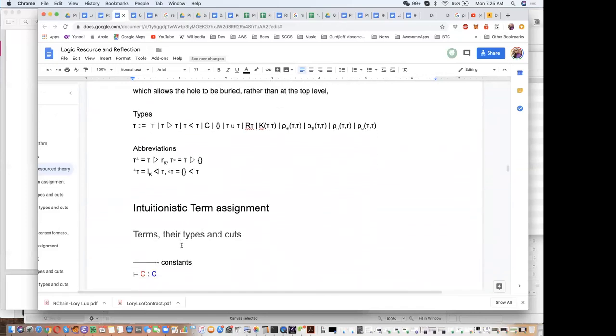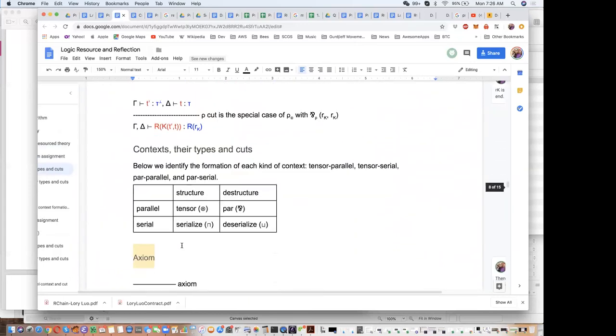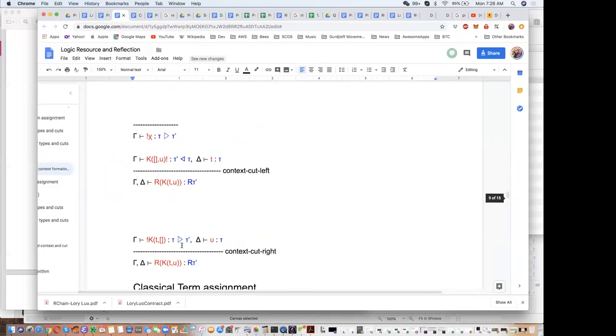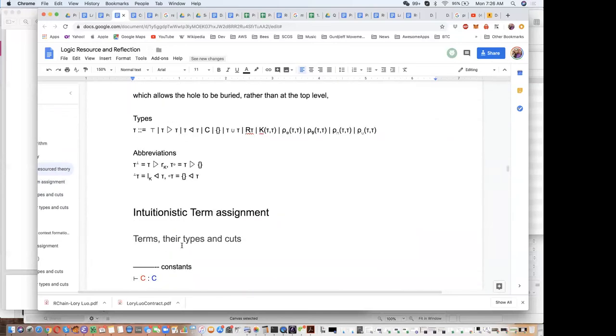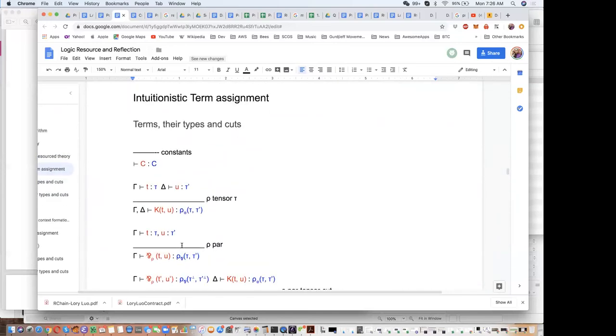There is one other interesting trick that we did in the last week that I might mention. Notice that in the paper there are two different flavors of these type judgments.